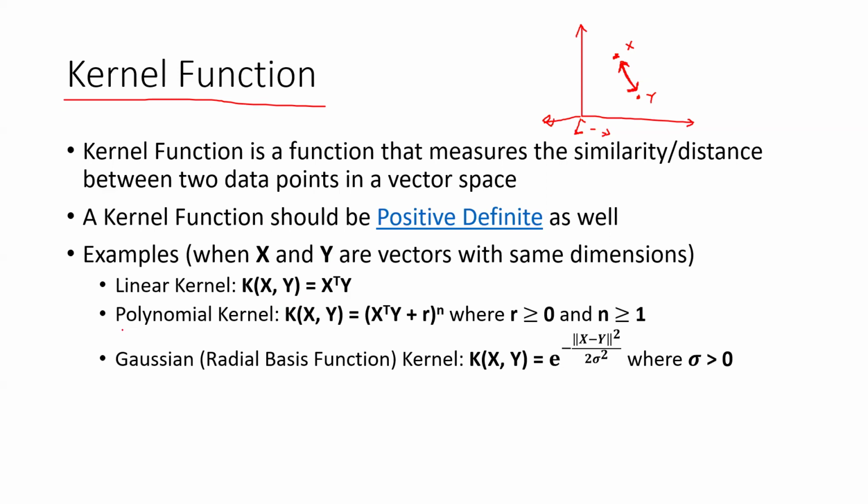And there can also be polynomial kernels, something like this. This is a generic form of the polynomial kernel, where (x transpose y plus r) to the power n. This r can be a scalar value, which is positive or zero, and this n can be a number equal to or greater than 1, right?